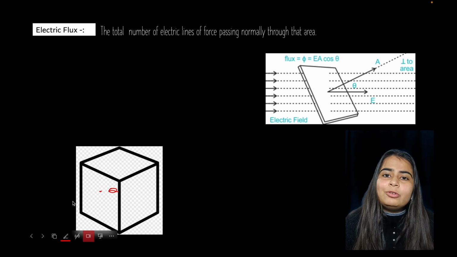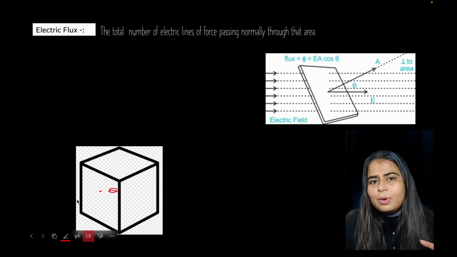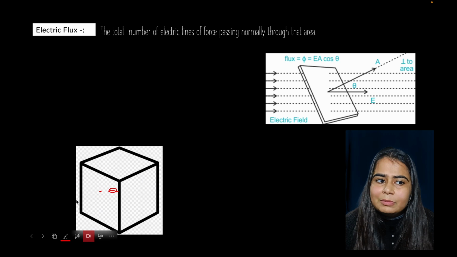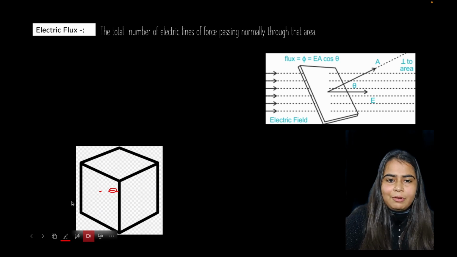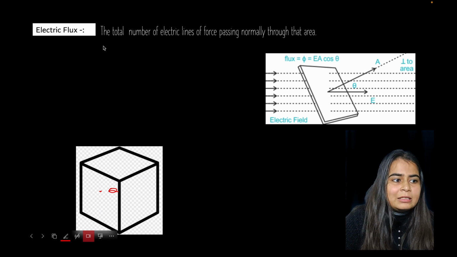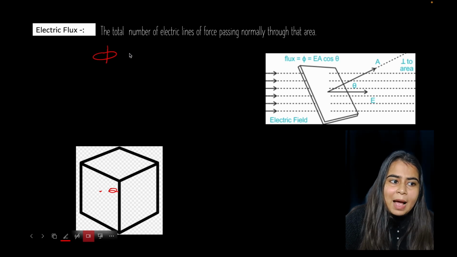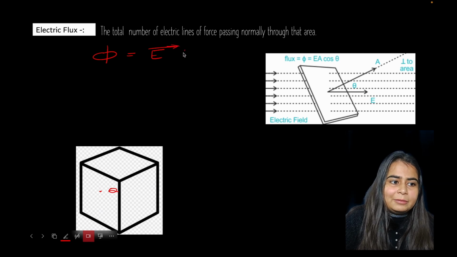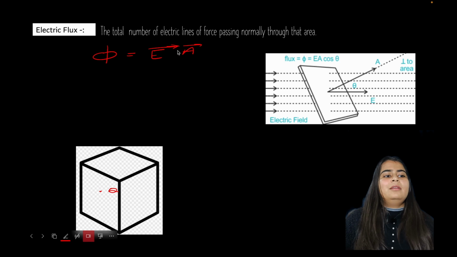And in order to find this flux, we have to understand some simple terms. This electric flux is simply calculated by the dot product of the electric field vector and the area vector, right?